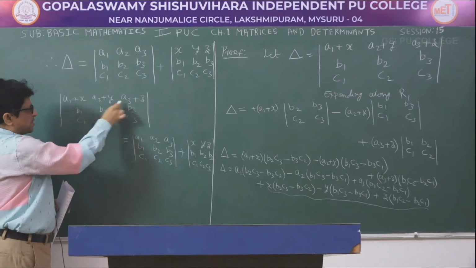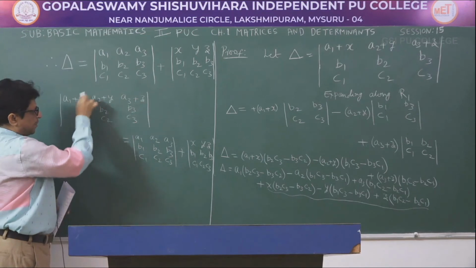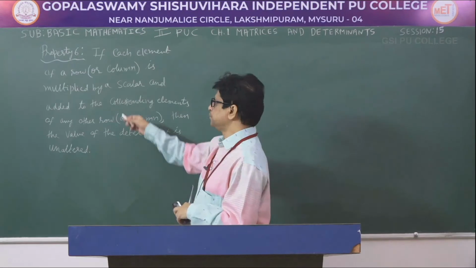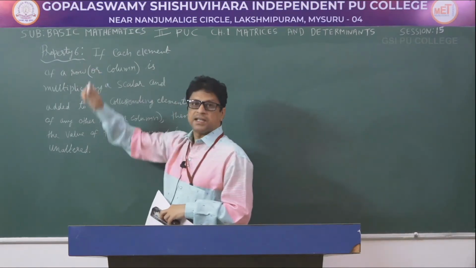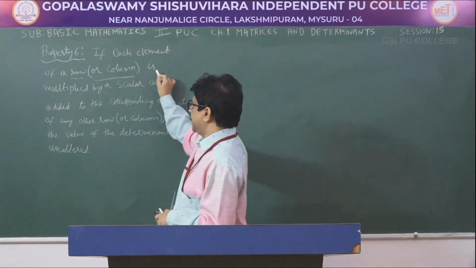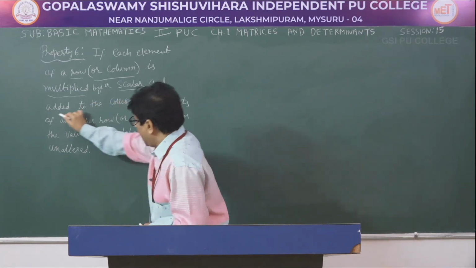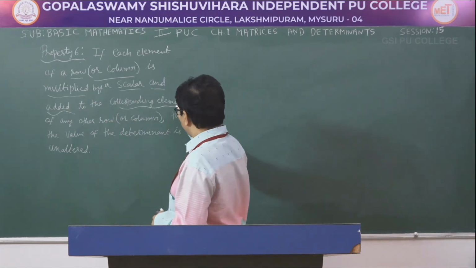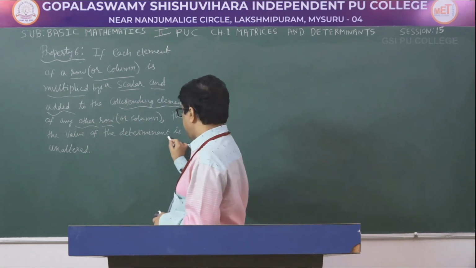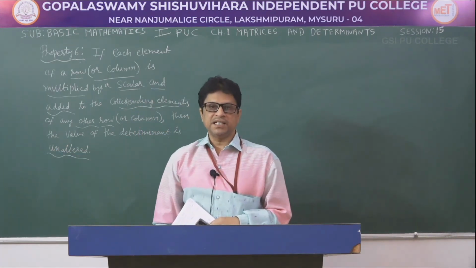In this case, the first row is expressed as a sum of two terms. Then the whole determinant can be expressed as a sum of two determinants. Here the property 6 states that if each element of a row or a column is multiplied by a scalar and added to the corresponding elements of any other row, then the value of the determinant is unaltered. Unaltered means it remains same.